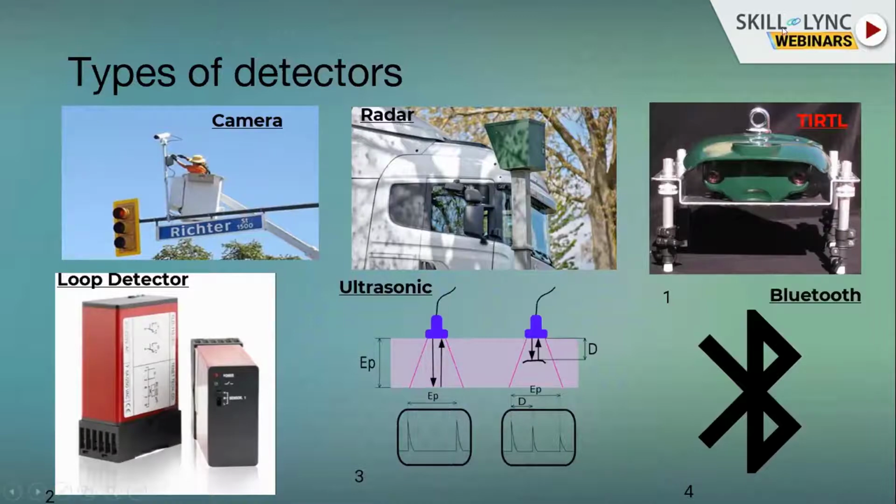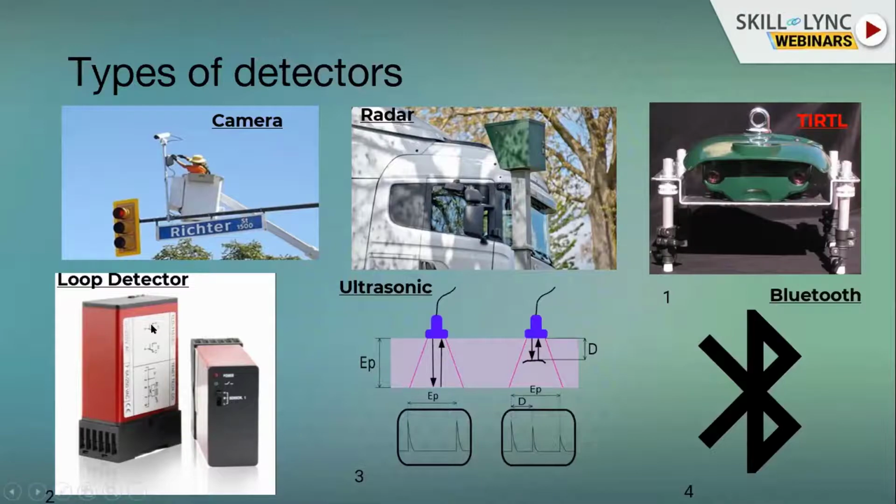You have radars, infrared systems, and ultrasonic systems. Basically all these systems work on electromagnetic radiation and reflection. Once you install those detectors, they send electromagnetic signals to the vehicle, and once the signal hits the vehicle, it rebounds and is received back, which tells the traffic signal controller to adapt the signal timings.